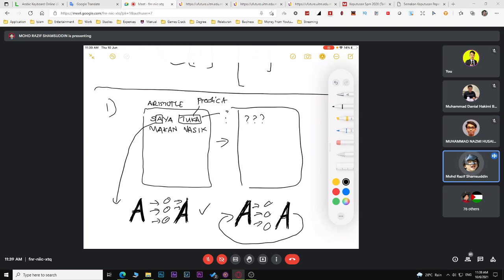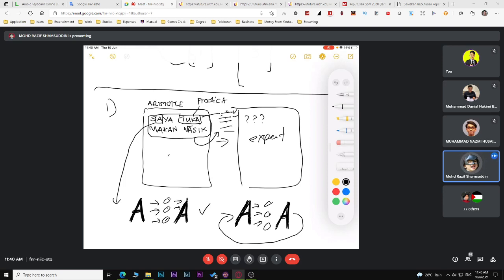Okay, so adalah suggested word. Lepas tu dia tengok pula whole sentence pula. So from the whole sentence, what is the highest possible word? So dia pilih lah.